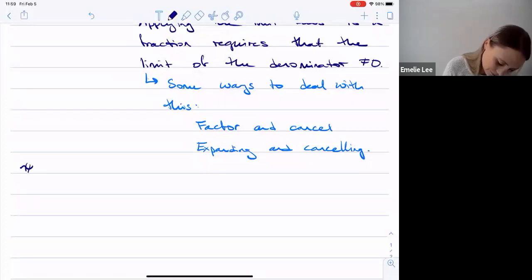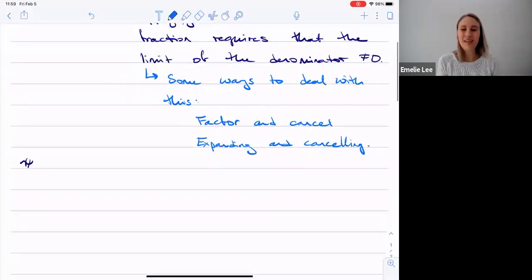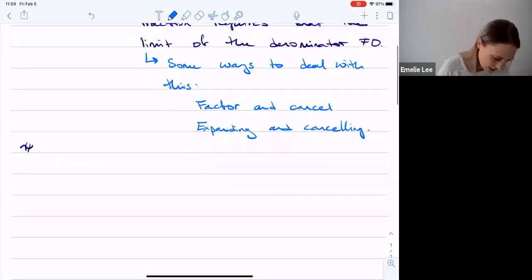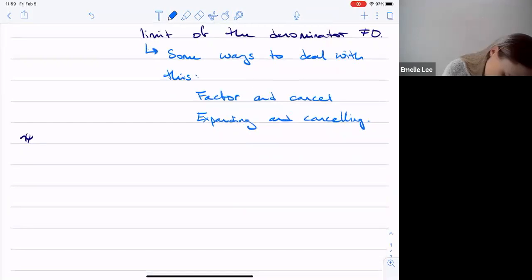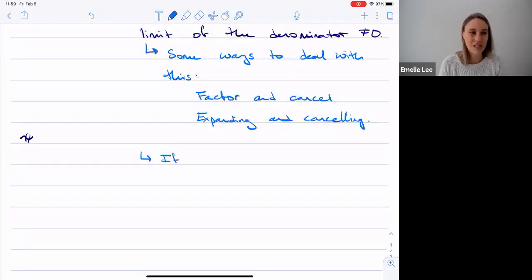But today, another thing that you could do is if you have a square root and you don't really know what to do with that in terms of factoring or canceling, then with square roots, we can try rationalizing. So here, it's an addition to the list, but it's new for today.